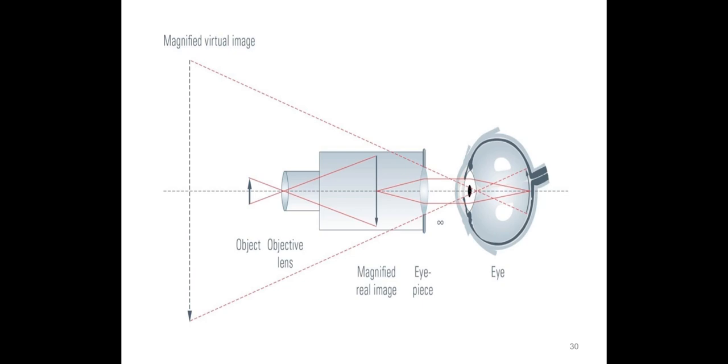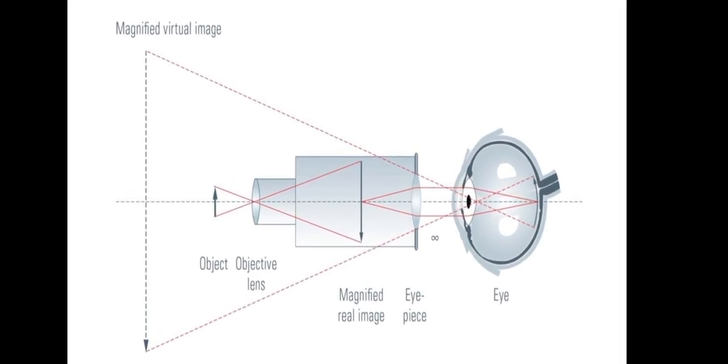Now you just see the simple diagram. This is the eye. This is the eyepiece. Light is allowed to fall through here. This is the eyepiece. Then this is the magnified object.